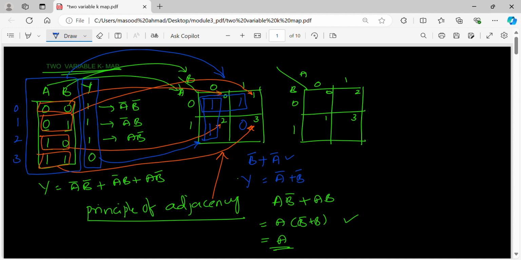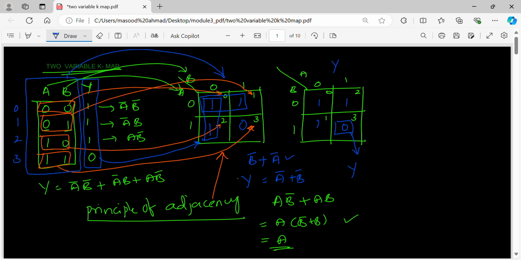So the output expression is Y equals A bar plus B bar. Now let's look at the same solution in another way. If you enter the same map with 1 1 1 0, then instead of working with min terms, if I work with max terms, I can combine these two. This is a table for Y, but K-map is not a table, I can say it's a map.